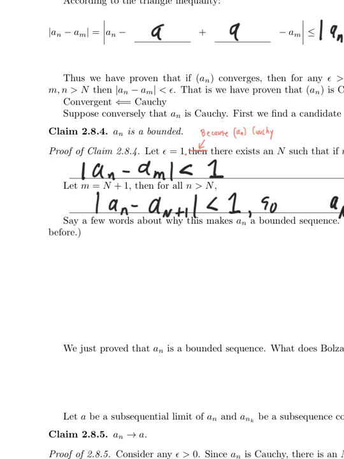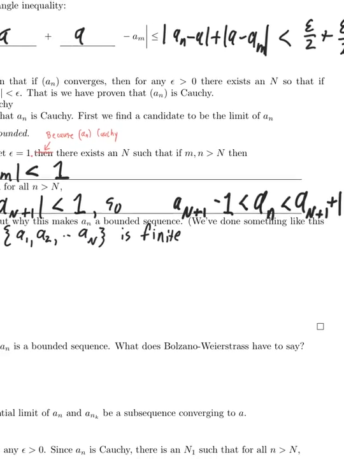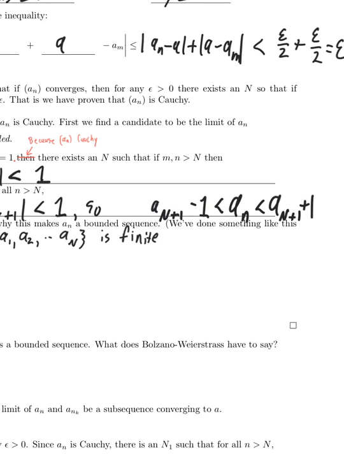Let's see, the set a1, a2, dot, dot, dot, a sub big N is finite, and every finite set is bounded, and so is bounded.